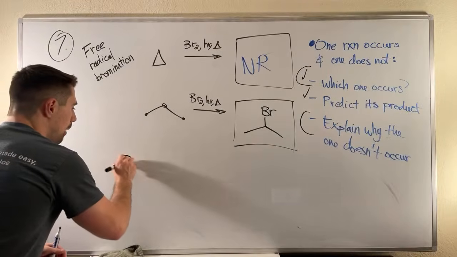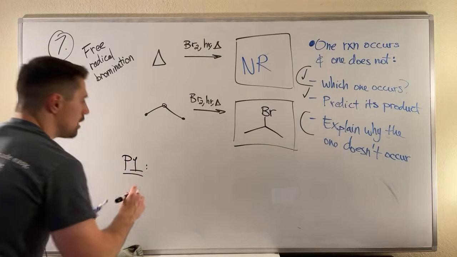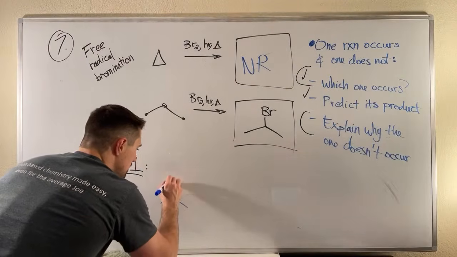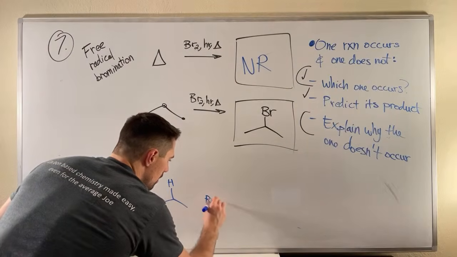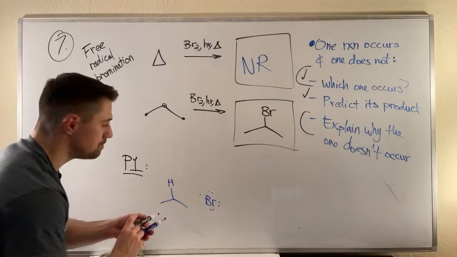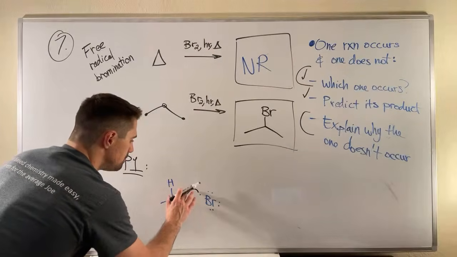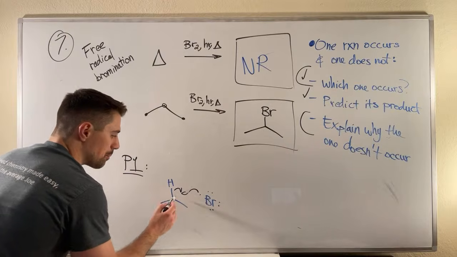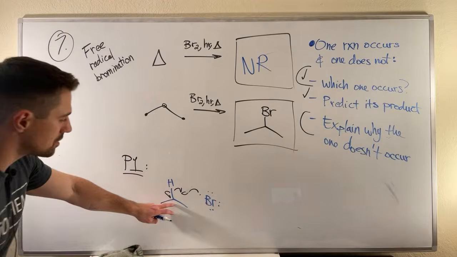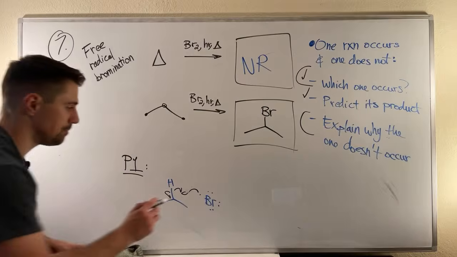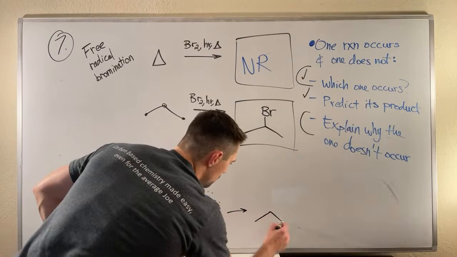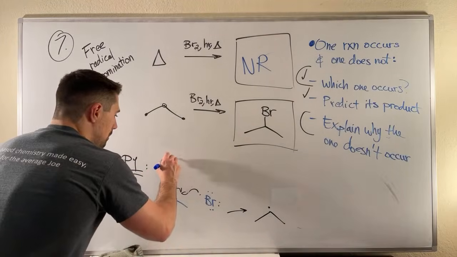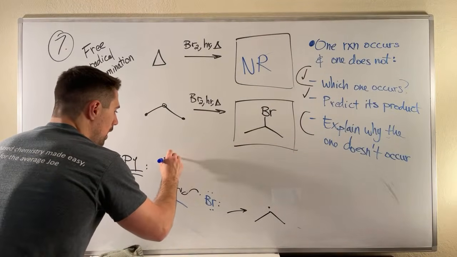We know that in propagation 1, both of these would have a step very similar to this. In the case of the bottom reaction, bromine comes in and facilitates the breakage of this carbon-hydrogen bond. And then you get a carbon radical, okay?